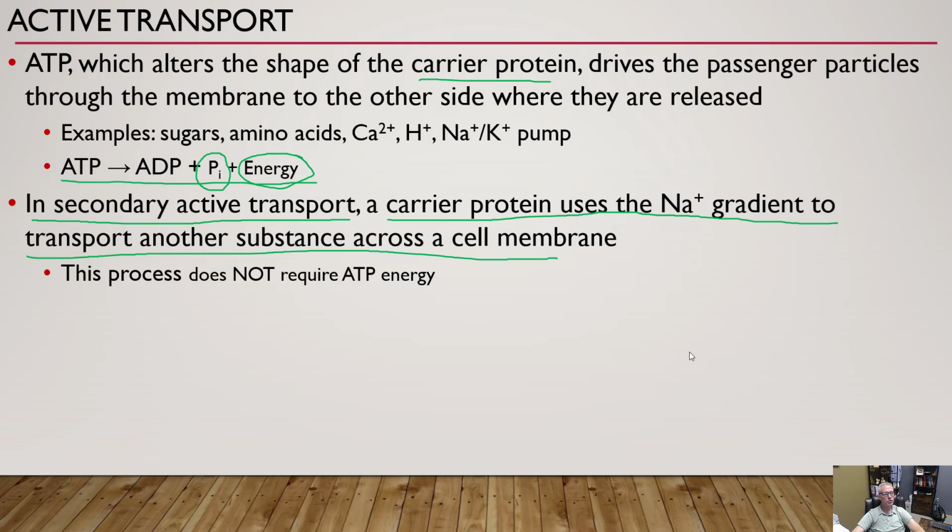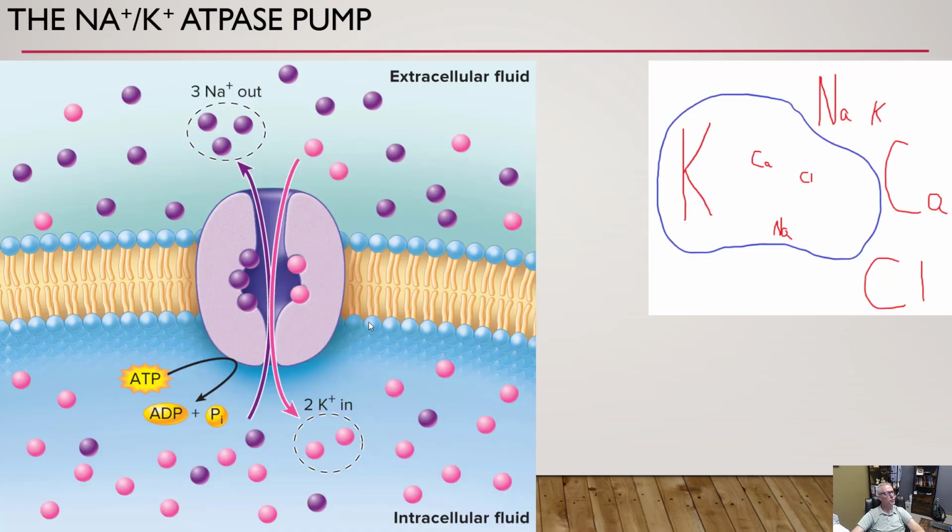All right, so here's an example of the sodium-potassium pump. Remember, we have a higher concentration of sodium on the outside versus the inside. We have a higher concentration of potassium on the inside compared to the outside. So what we're doing is we're going to use ATP to kind of charge or move this carrier molecule.